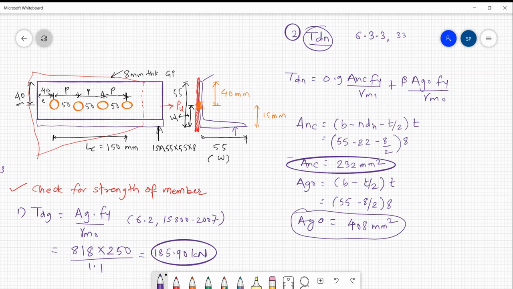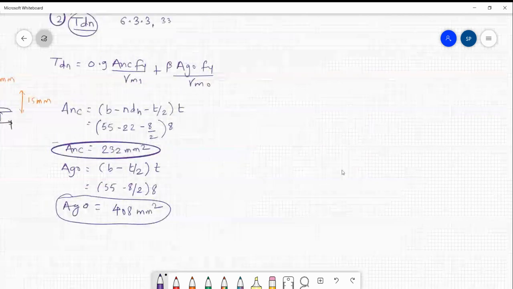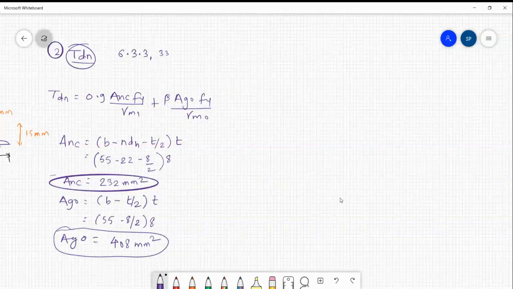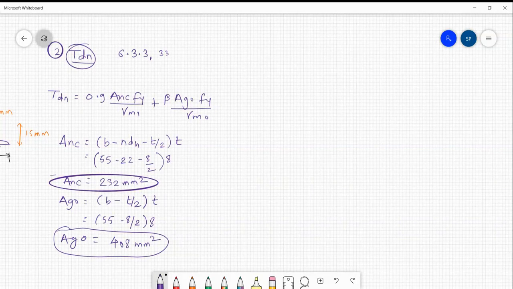Now next we have to calculate beta value. So once you calculate ANC and AGO, next we have to go for calculation of beta. That beta expression is available in the same 6.3.3. To calculate beta, you will require W, T, BS and LC.